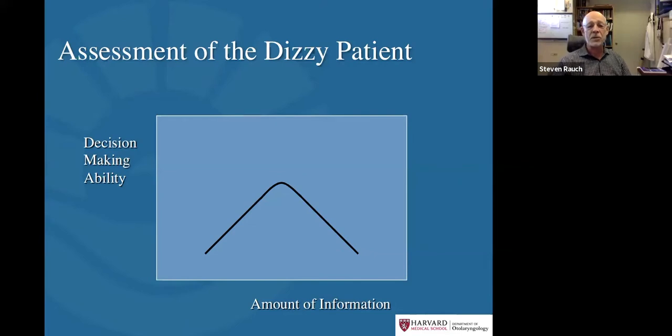It has to do with finding this sweet spot where you collect the salient information and use that to guide your thinking about the problem. So I'm going to talk now about the salient information and how we apply it in thinking our way through an encounter with a dizzy patient.